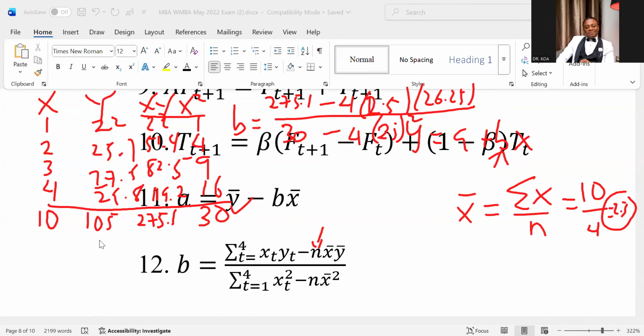But it's good you've gotten it wrong here. That's why I like it for you to calculate. Sometimes when you're multiplying, when you're adding, when you're bracketing, you got to check all of that. So if you do it well, you're going to get B to be 2.52. Now that you've gotten the B, you can easily get to the A.